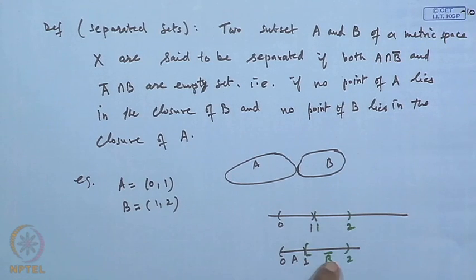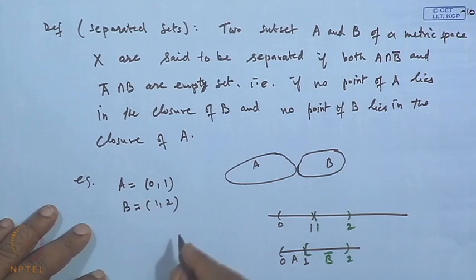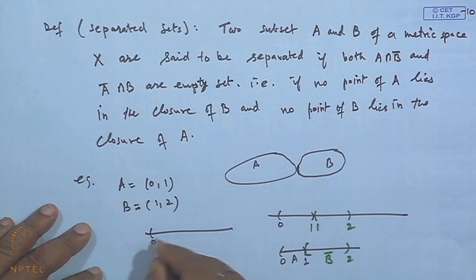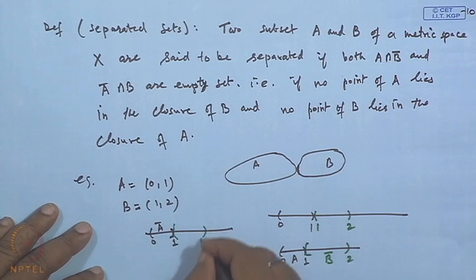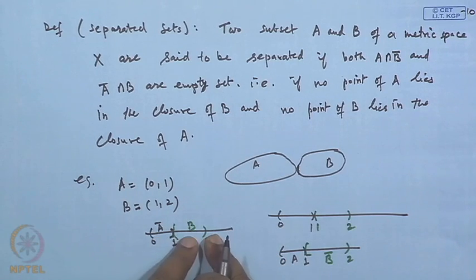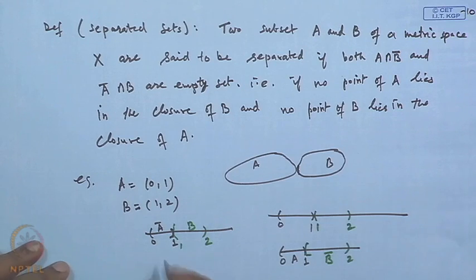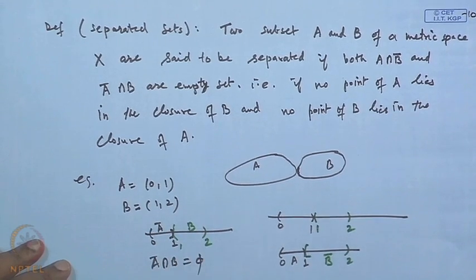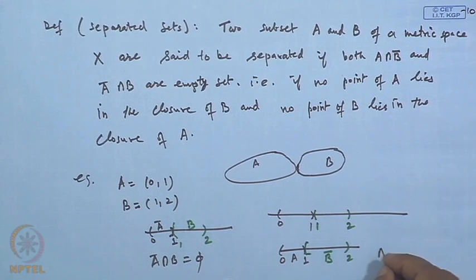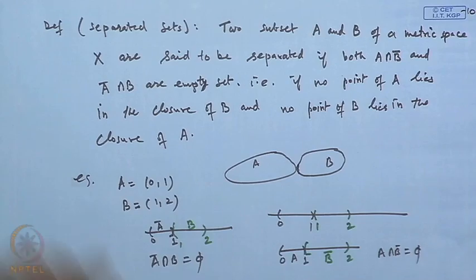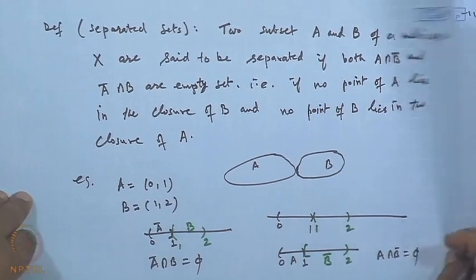But 1 is a point which belongs only to B bar, and does not belong to A. So, neither the point of B nor its limit point belongs to A. Similarly, if we take the closure of A, it is 0 to 1, and B is the open set 1 to 2. So, A bar intersection B is empty and A intersection B bar is also empty. So, A and B are separated sets.